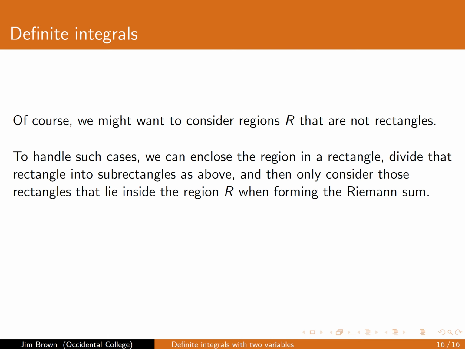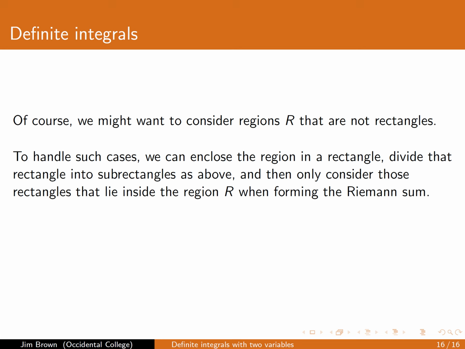But we might want general regions. So what we can do is take whatever general region we have and put a big rectangle around that whole region. Then we can divide that big rectangle up into a bunch of subrectangles, just like we did above. And then when we form the Riemann sum, we're only going to take those subrectangles that actually sit inside our region R. So if our region's a circle, we're not going to have rectangles exactly covering every part of the inside of the circle.